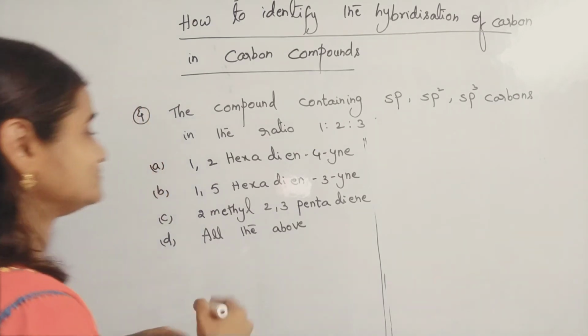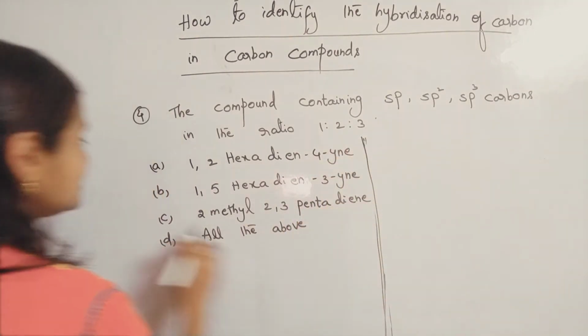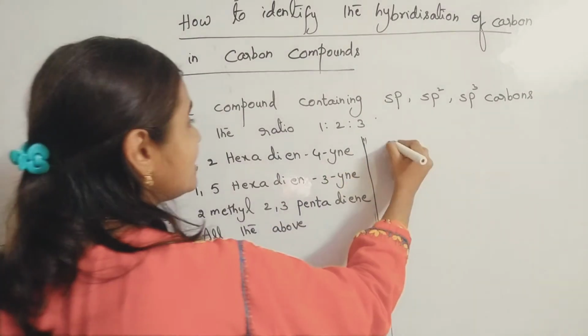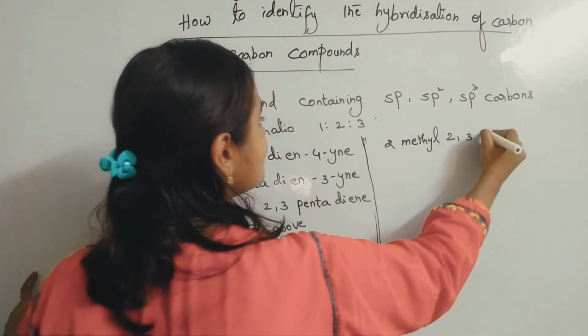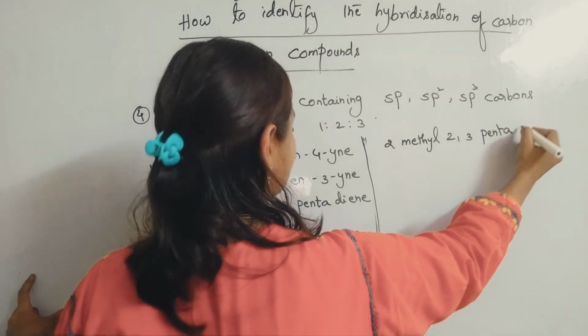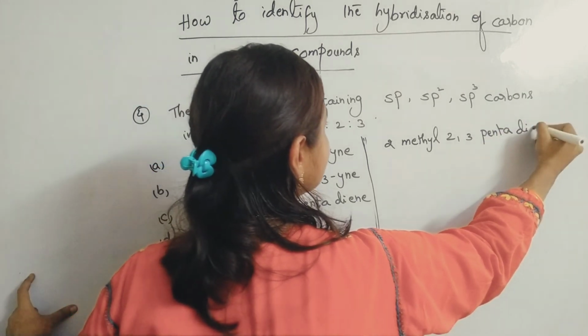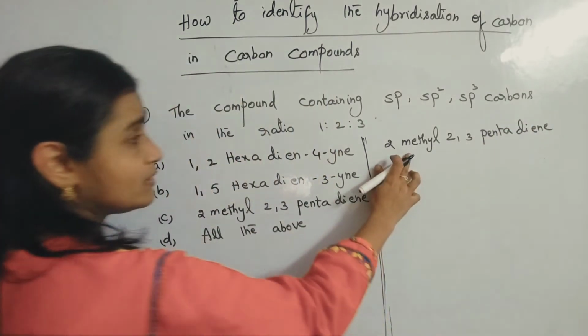Okay, so option C we will check. 2-methyl-2,3-pentadiene. How to write the structure?